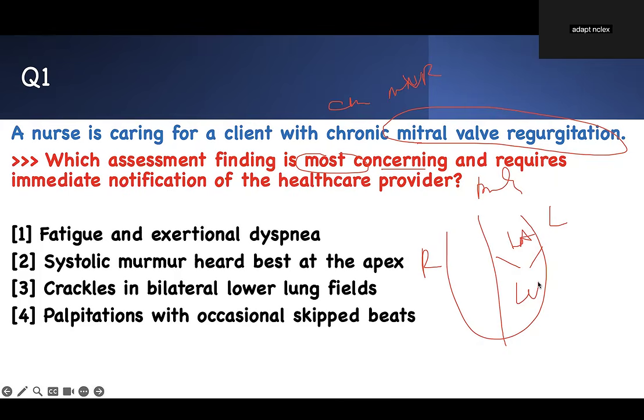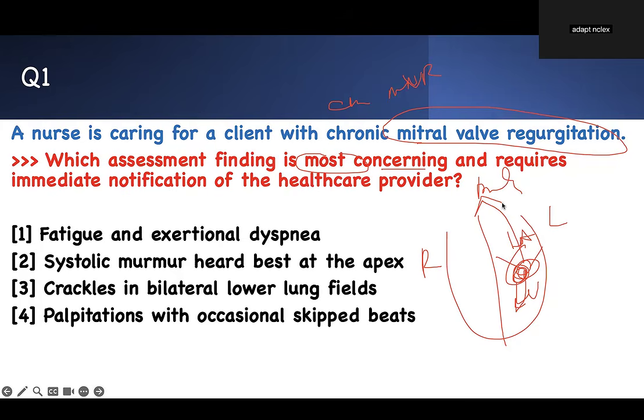In any case, when there is leakiness or stenosis, think of it as blood backing up into any structure that is behind the valve. Therefore, if blood is leaking here, some of it will go into the left ventricle, and most of it will go back into the lung, because that's where the blood is coming from.